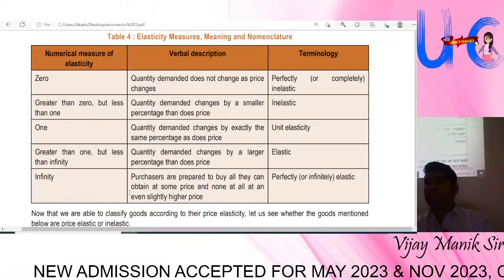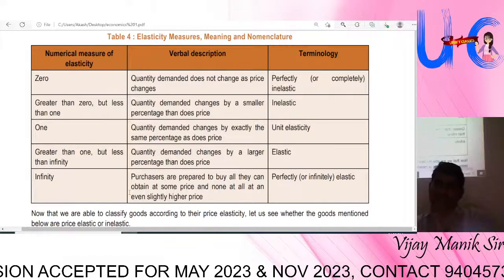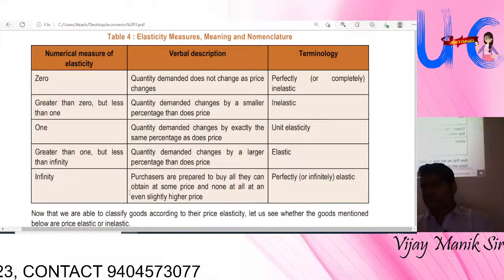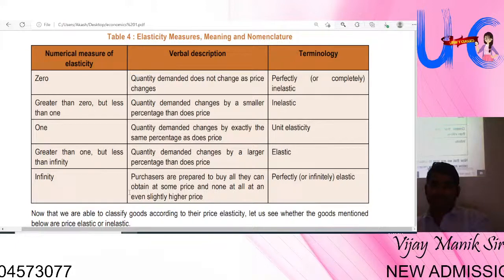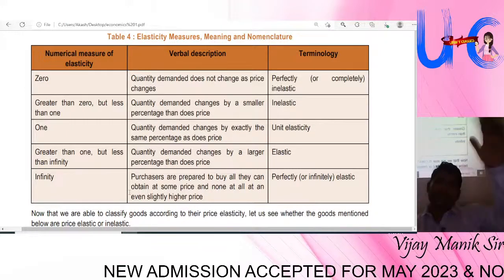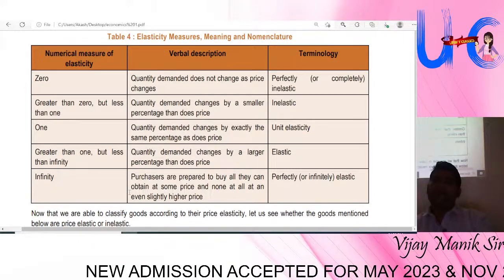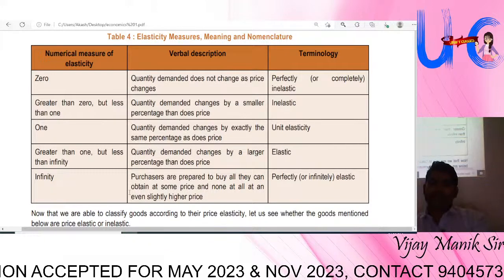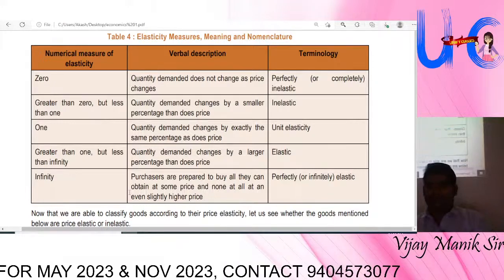If the quantity demanded and price are changing like this, then it is called perfectly elastic, inelastic, okay, unitary, elastic, perfectly elastic. Infinity means perfectly elastic. Perfectly elastic means what? The large changes are there in that particular thing, particularly where in demand or in price, where it will be changed price.